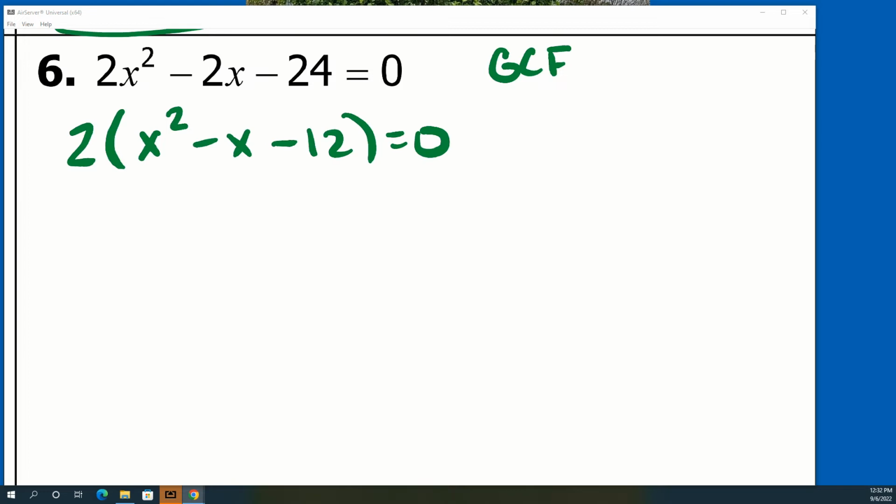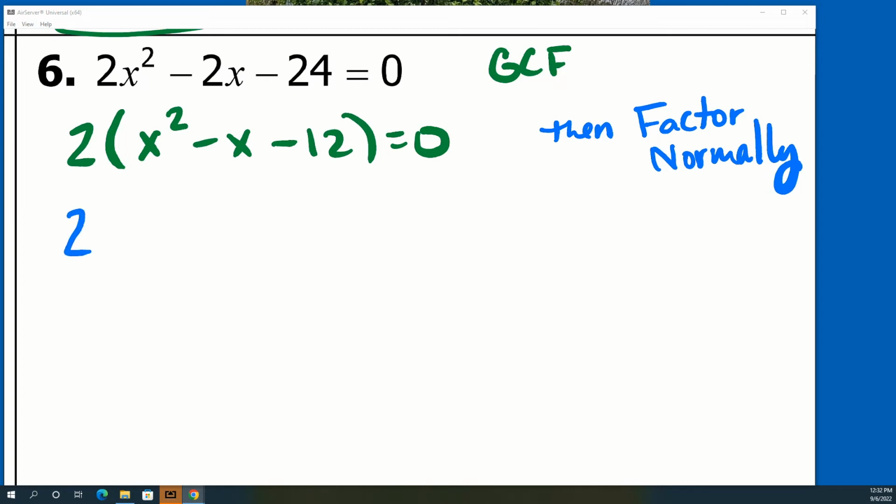All right, then on this one with 3 terms, where there's not a number in front of x squared, we're going to factor normally. All right, so that 2 is just going to hang out on the outside.